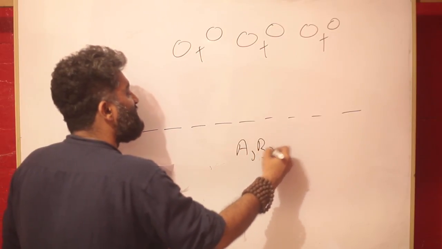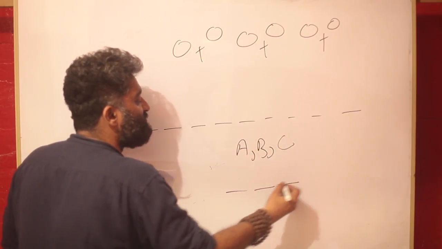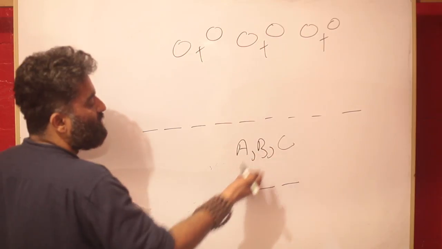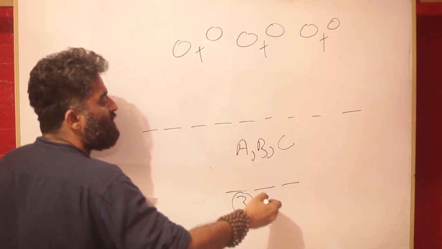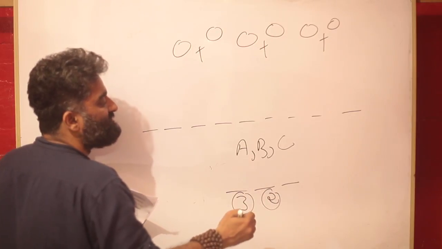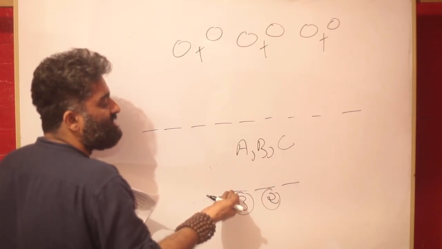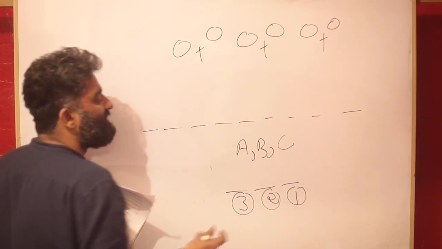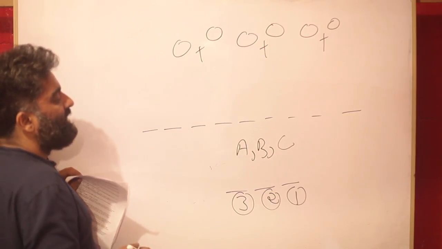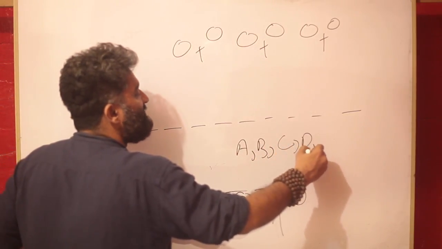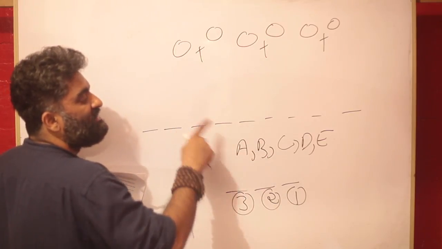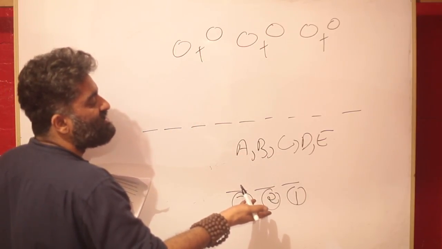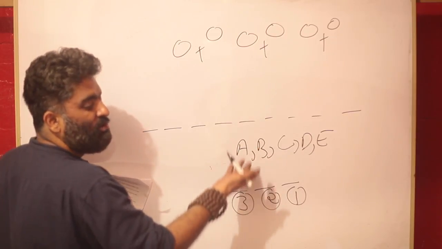So say there are 3 people and you want to seat them in a row. Very, very easy. For the first position you have 3 possibilities, A or B or C, right? For the second you will have only 2 possibilities because one of them will be gone in the first seat. And for the last you will have only 1 possibility, right? If there were 5 people, again, unlike the numbers, there can't be repetition here at all because you can't clone people, right?